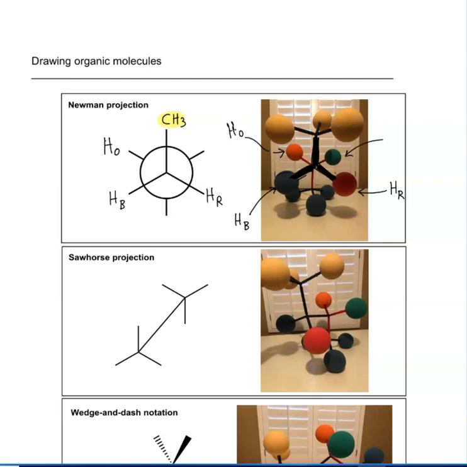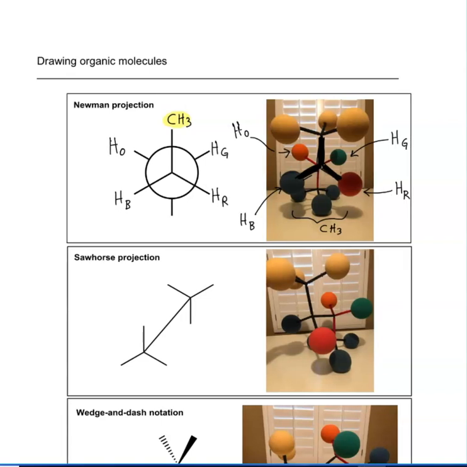And then on the other side is a green hydrogen, so that's going to be this guy right over here. And then pointing straight down, stemming from the back carbon, this guy here is a methyl group, and those are blue hydrogens. So I'm going to put methyl, and color that one in blue.